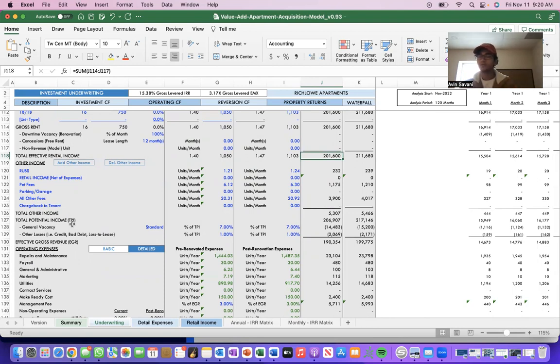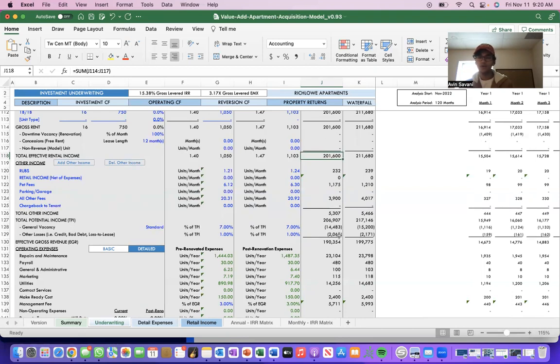Loss to lease is essentially like if you're rolling up the leases, right? And you did some renovations and let's say some people moved out as a result of that, and you lost all of that income from them moving out, right? That's going to be loss to lease essentially. So always account for bad debt, credit, loss to lease in the other losses.